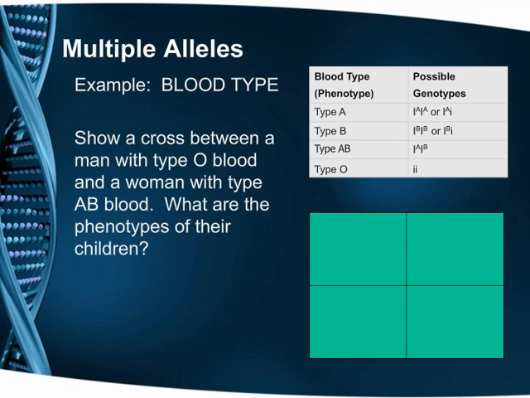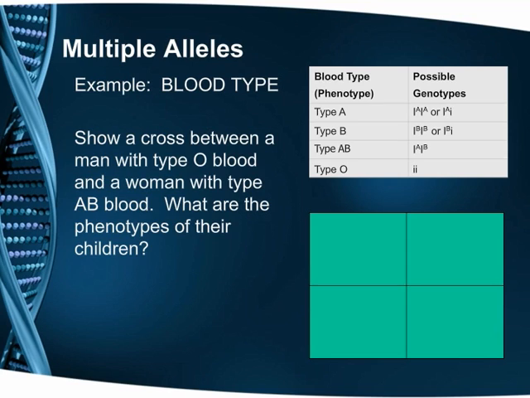Having blood type B, an individual might be IB, or IB little i. In order to have blood type AB, an individual must have the genotype IA IB. And finally, in order to have blood type O, an individual must have the genotype little i little i.